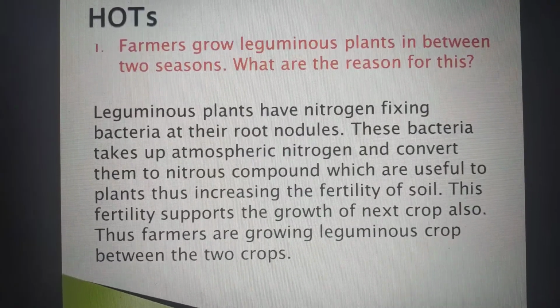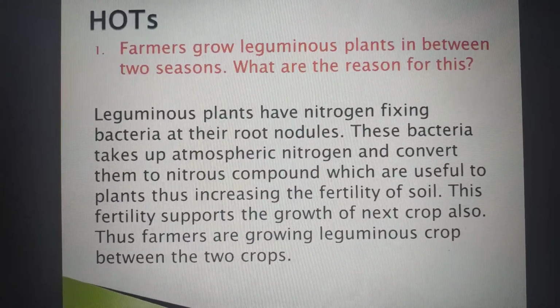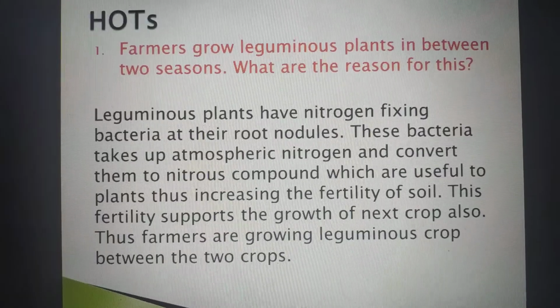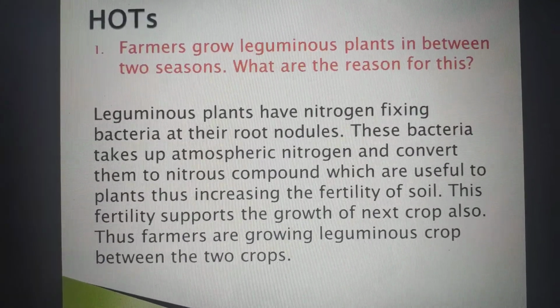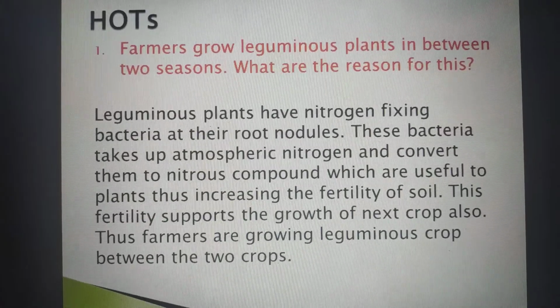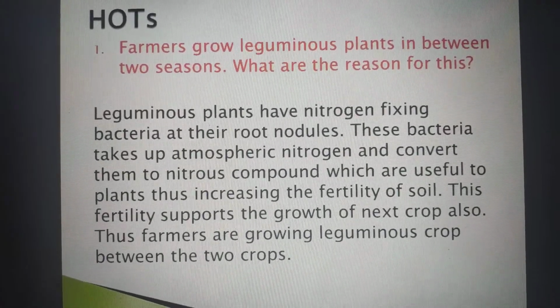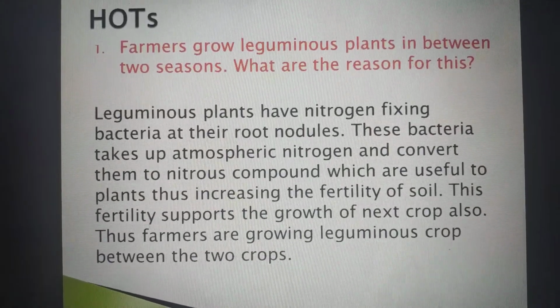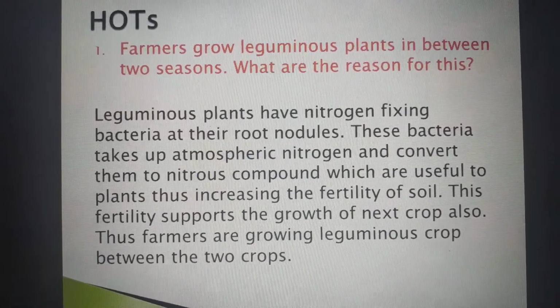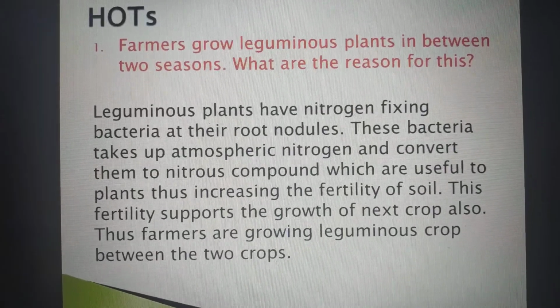These bacteria take up atmospheric nitrogen and convert it to nitrogenous compounds, which are useful to plants, thus increasing the fertility of the soil. This fertility supports the growth of the next crop also. Thus, farmers grow leguminous crops between the two crops.